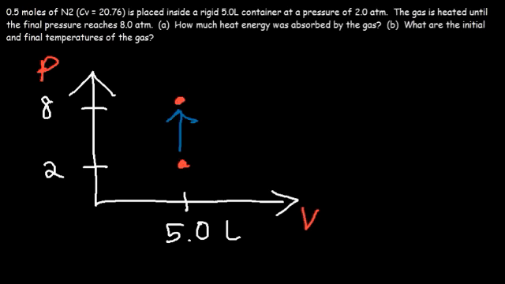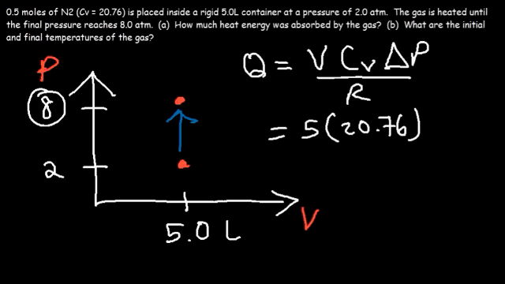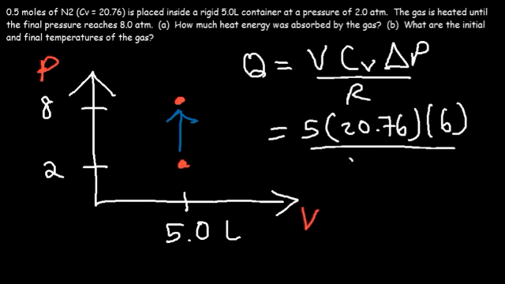An equation that you can use is this one. Q is equal to V times Cv times delta P divided by R. The volume is 5 liters. Cv is 20.76. The change in pressure, 8 minus 2, so that's an increase of 6 atm, and R is 8.3145.